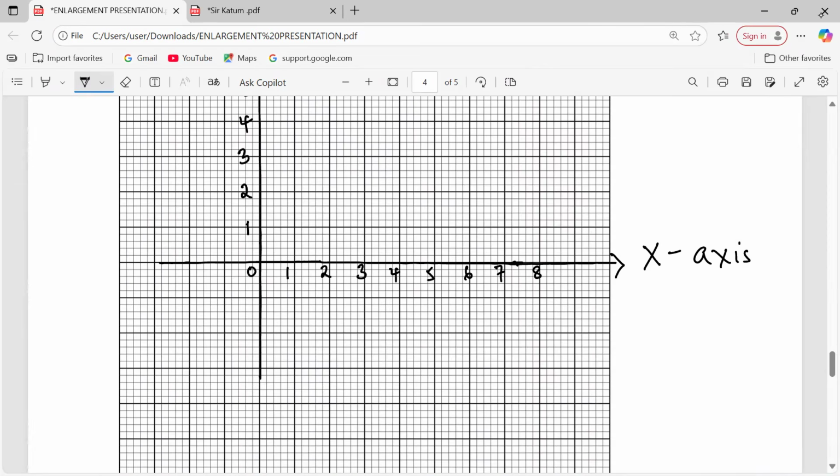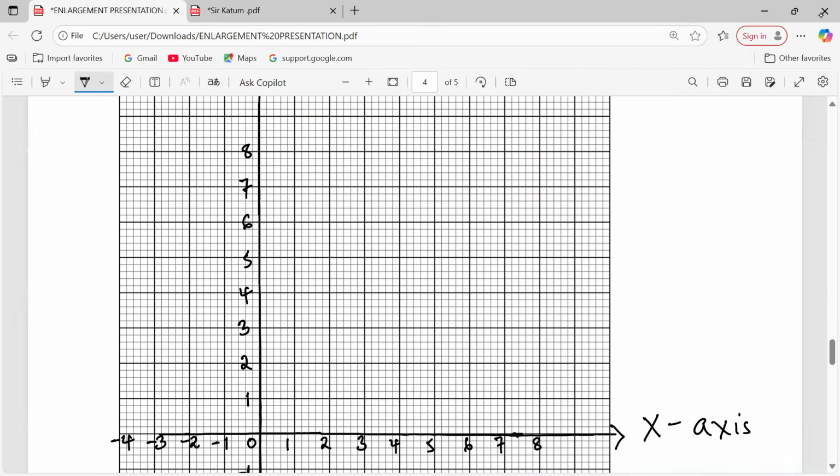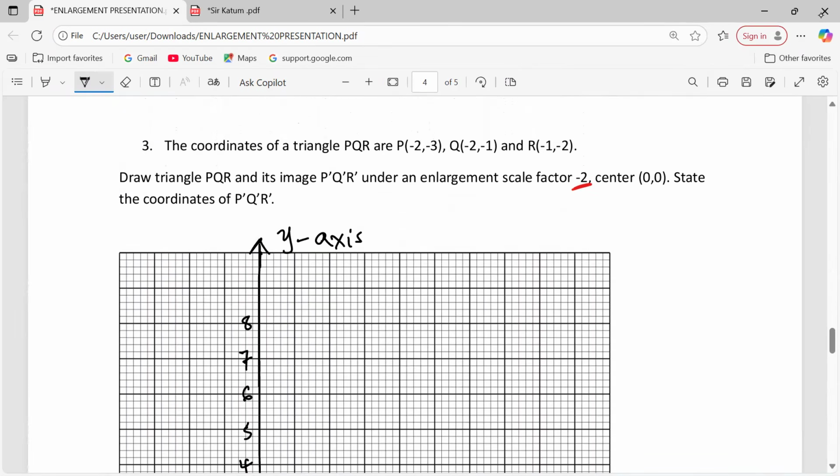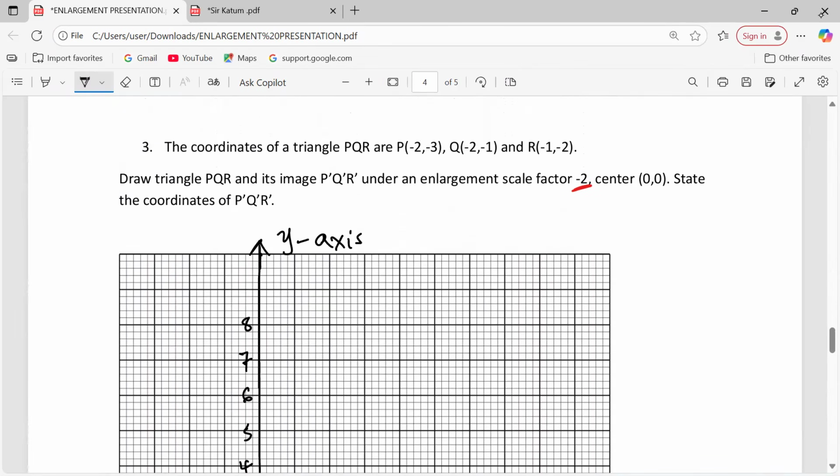For the negatives, you can start with -1, -2, -3, -4, on both axes, just like that. Okay, with the Cartesian plane in place, we can start by plotting the triangle PQR.